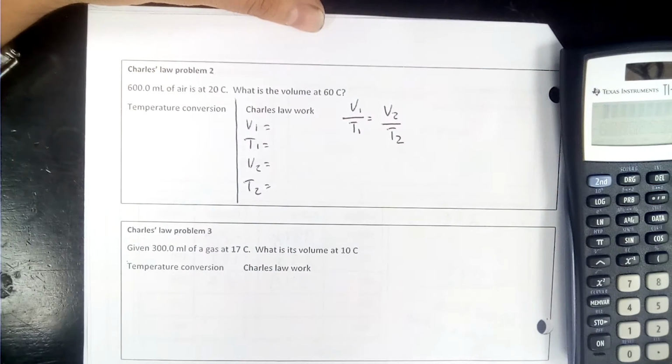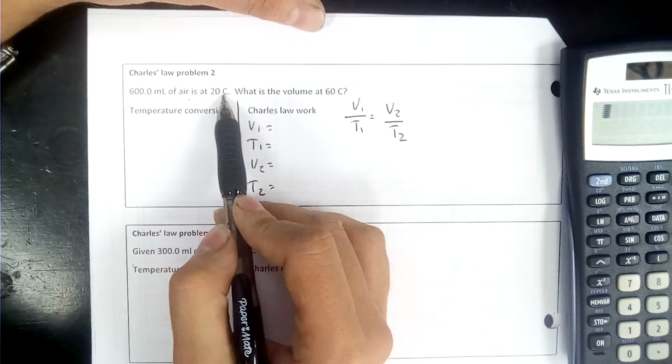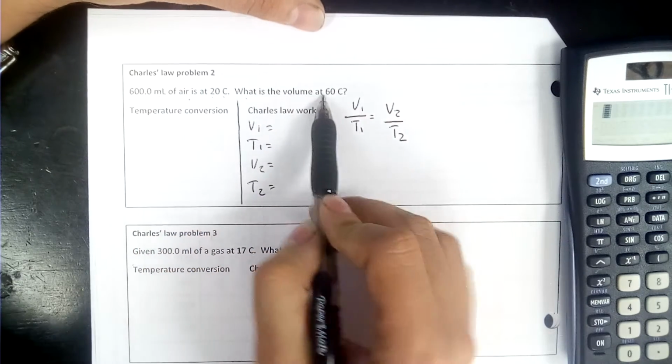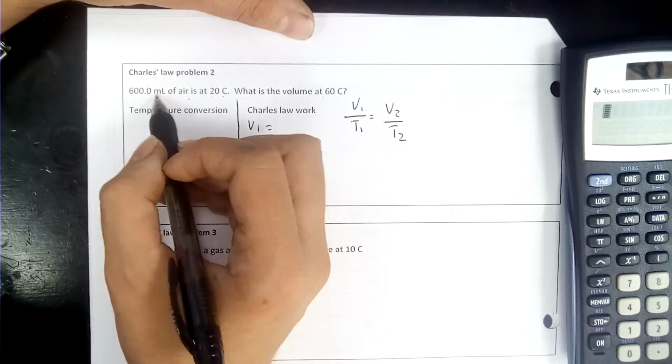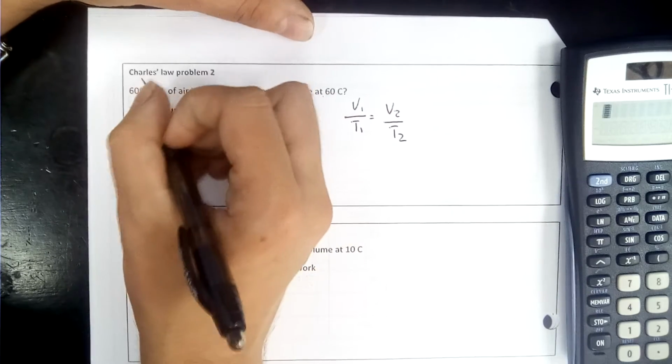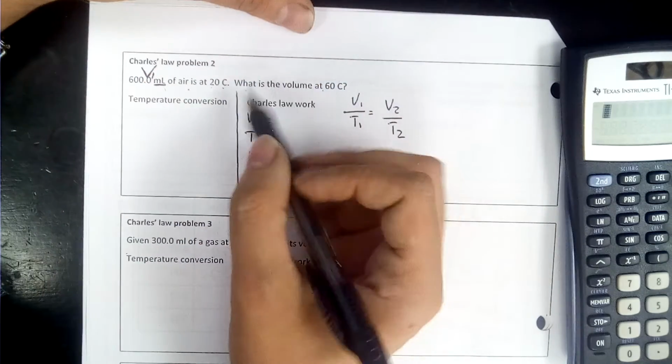So now if we just look at our problem. We have 600.0 milliliters of air at 20 degrees Celsius. What is the volume of it at 60 degrees Celsius? So when we look at it, milliliters, remember, is a volume. So there's our V1, because that's our starting condition.